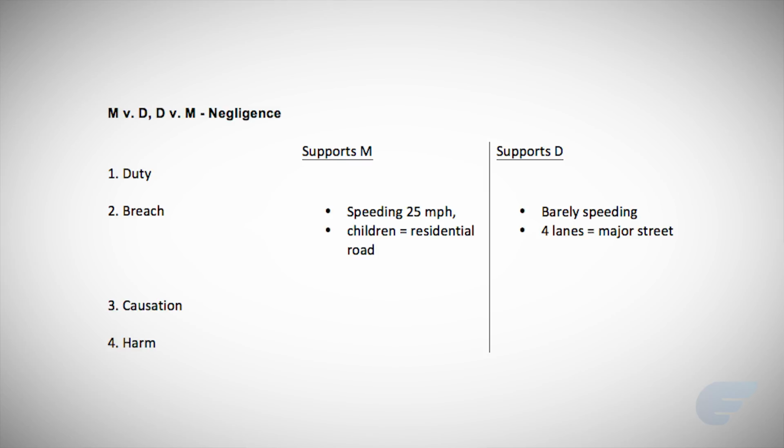Mary might counter that with the logical inference that there are so many children playing that the only other type of street that is both 4 lanes and 25 miles per hour is a school zone. So she might counteract that by saying it's logical based on these facts that Drake is driving through a school zone and his behavior was negligent because he knew that there were children.